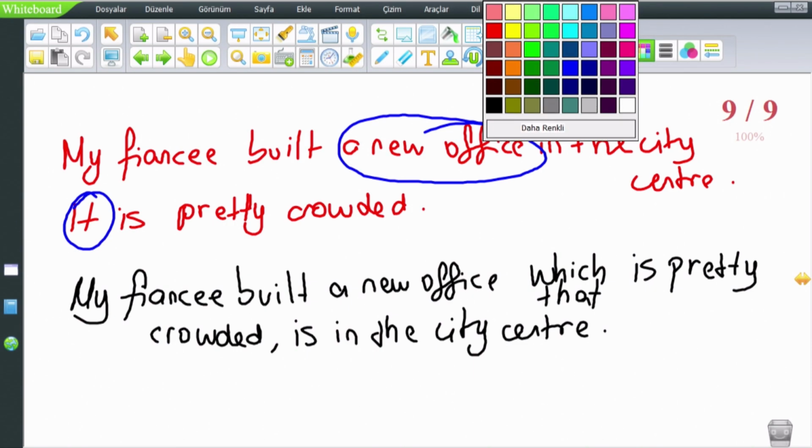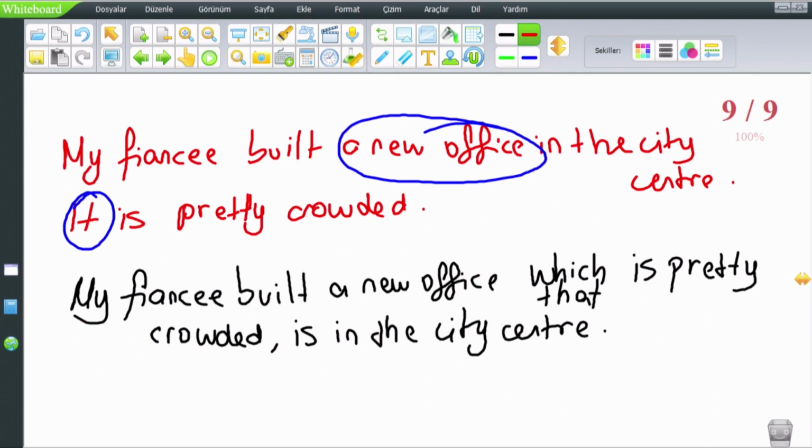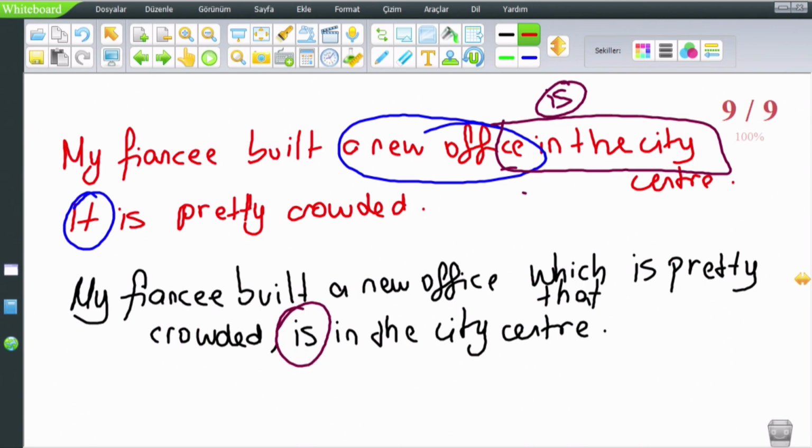Now, this is a complex one, and I want to give the details of it because in here you don't see is, but in the relative clause sentence we built, we have an is. And why is that? Because in the first sentence we have actually two pieces of information. My fiancé built a new office. This is our first information. And the second one is that the office is in the city center.